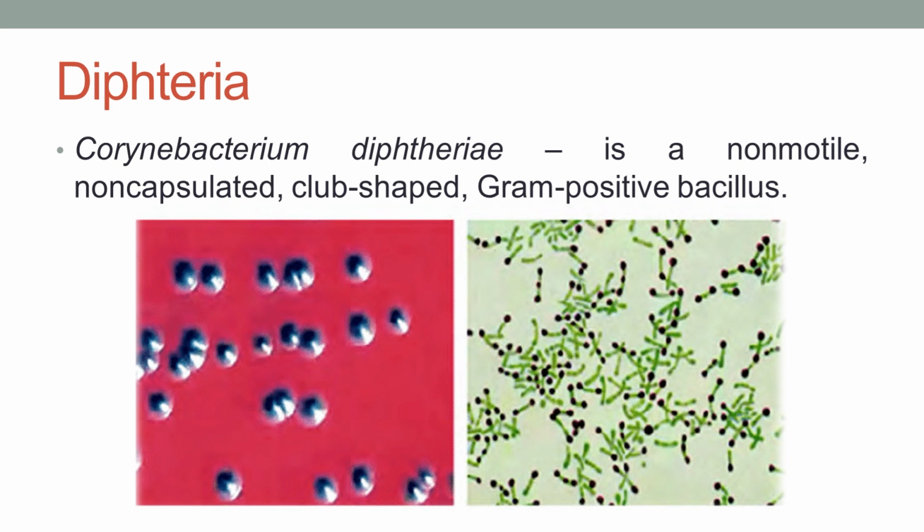And here you can see some pictures of colonies of Corynebacterium diphtheriae and some pictures of bacteria of this smear. This smear is a staining made by Loeffler, by Albert staining.